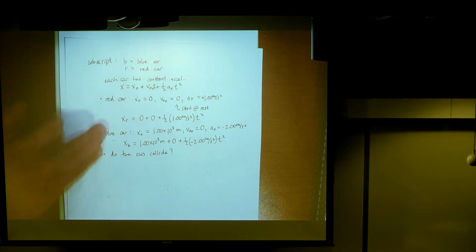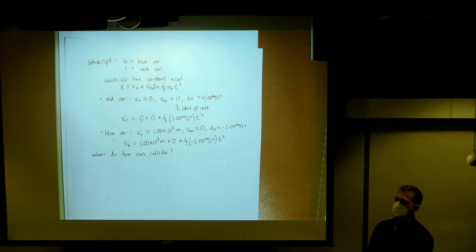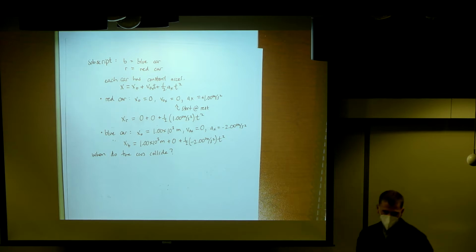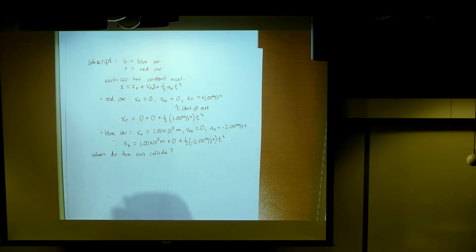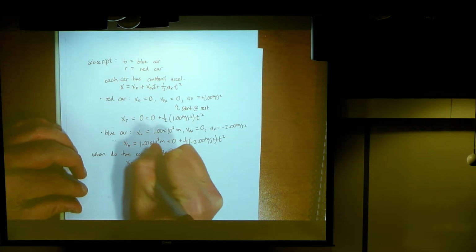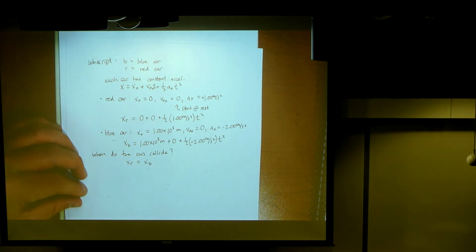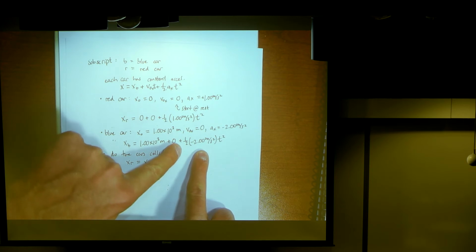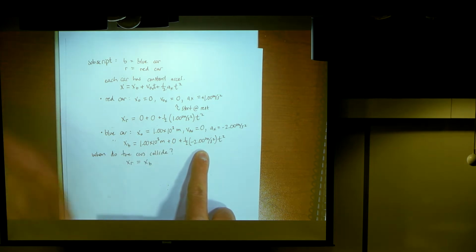What can I say about XR and XB at the moment when the cars collide? They equal each other. They're at the same location now. So what we can say is XR equals XB. So in other words, I'm going to set this expression equal to this expression, and there's a time involved, which we can then solve for.